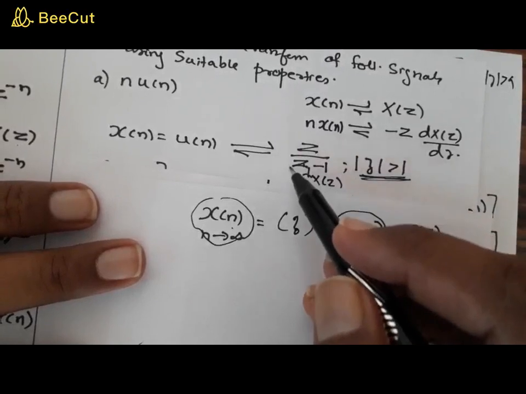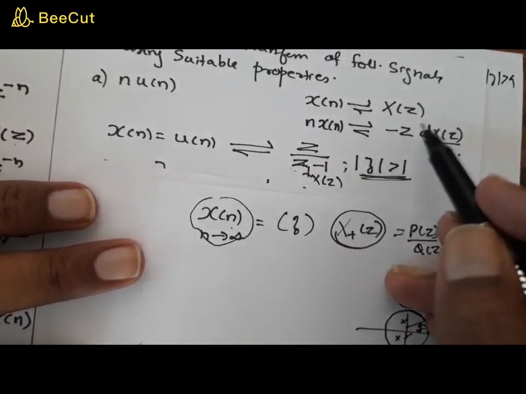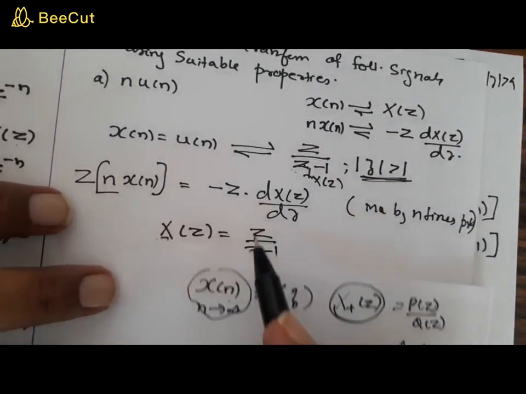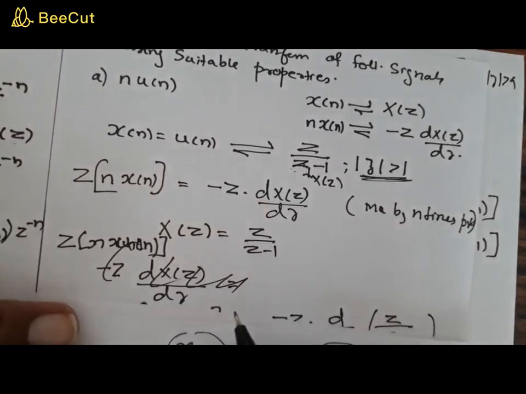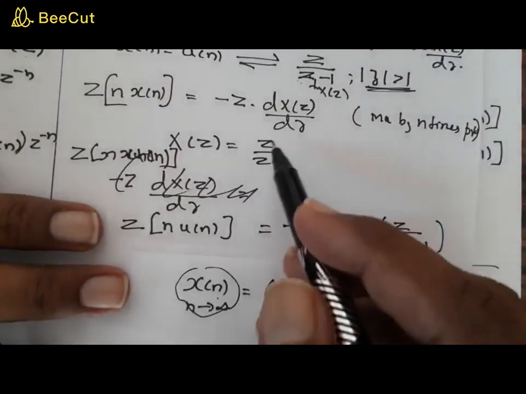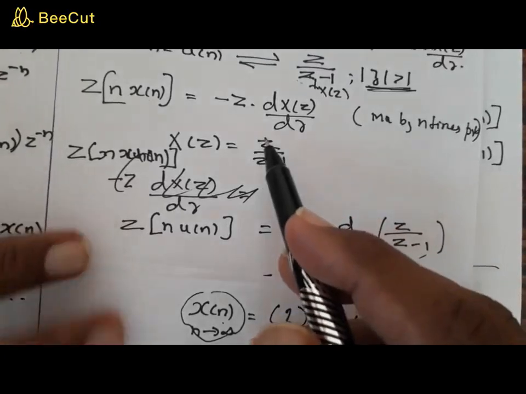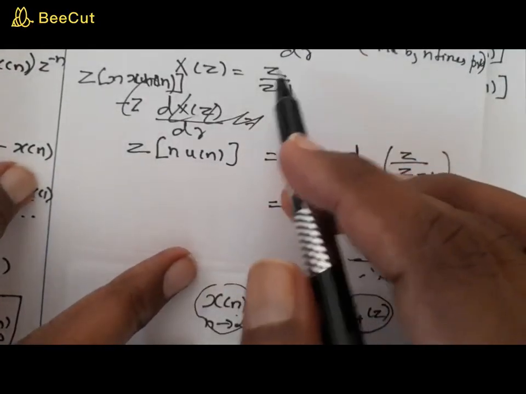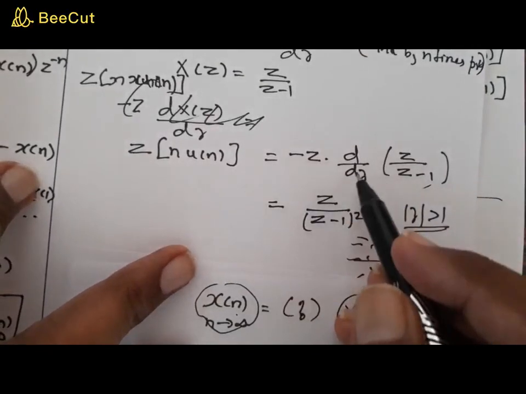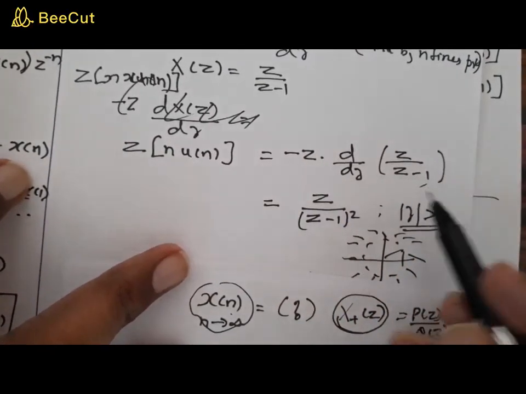Now, to get the z transform of n into x of n, first of all you need to take the derivative of that and multiply that derivative by minus z. So taking the derivative of this X of z, that is minus z into d by dz of z by z minus 1.